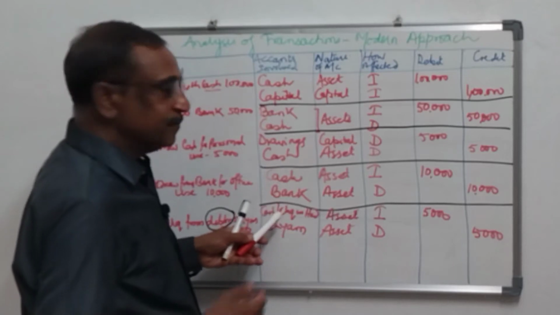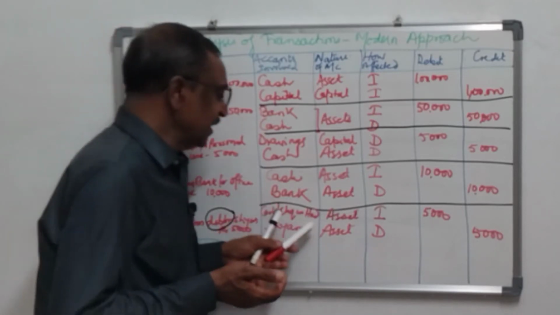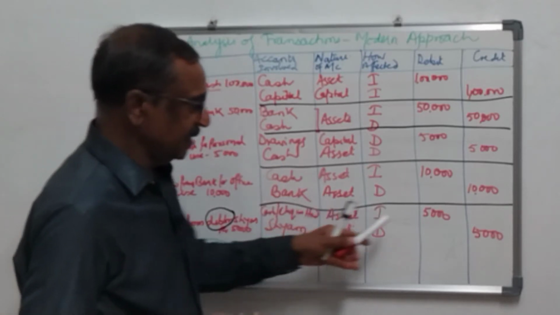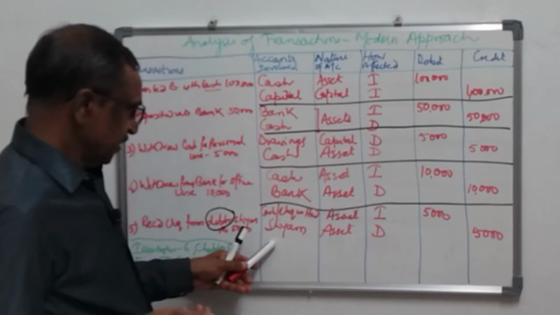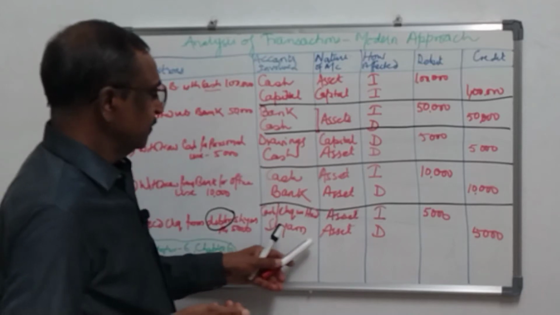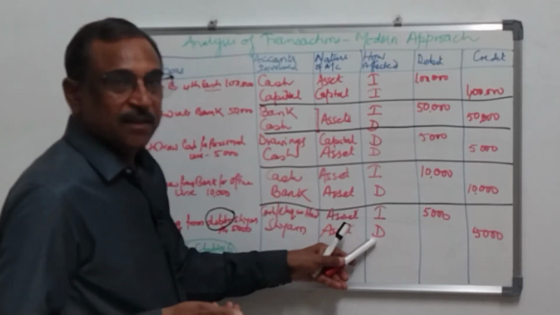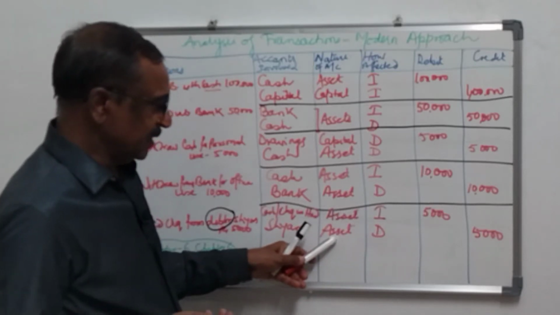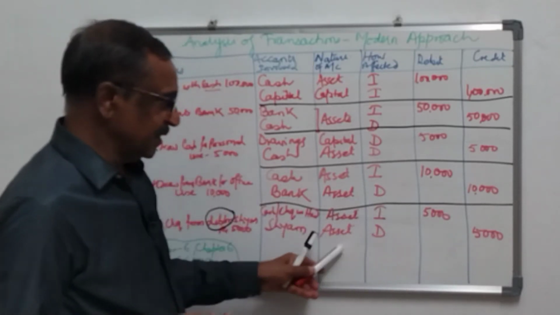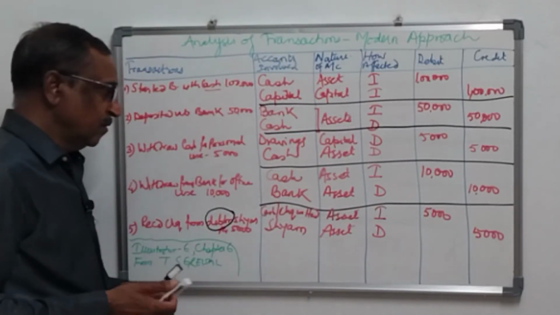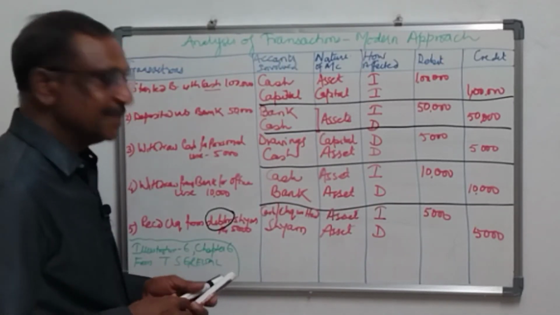So our cash and cheque in hand will increase. It is our asset. Increase in asset is debited. And Shyam, earlier he was our debtor, will reduce our assets by 5,000 and decrease in asset is credited. Clear? So we move on to the next transaction.